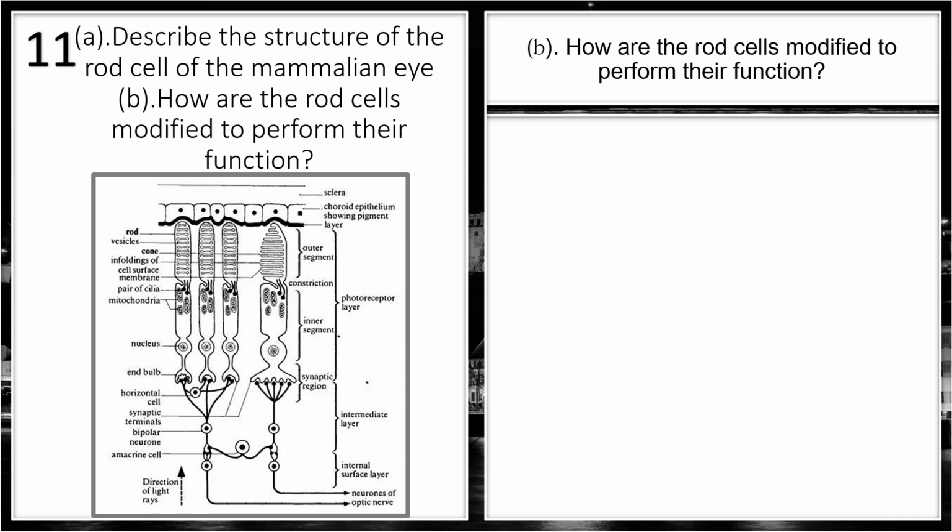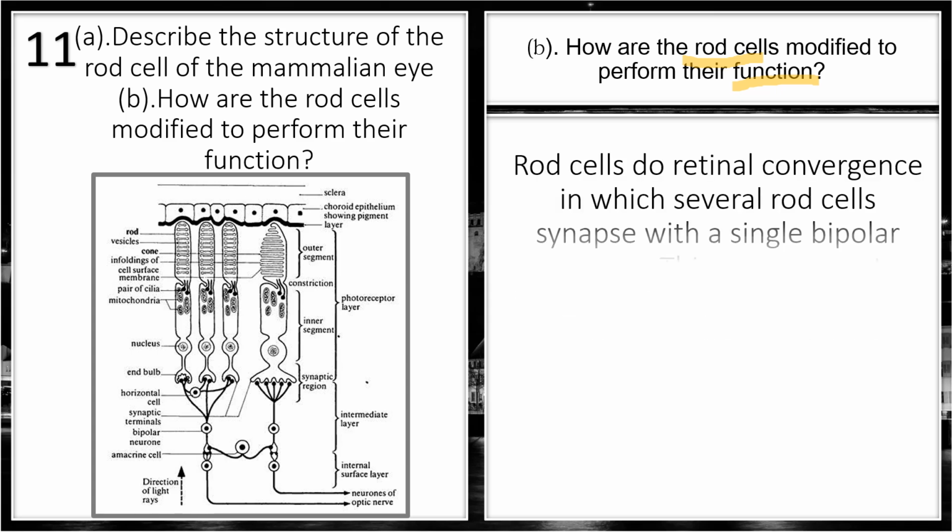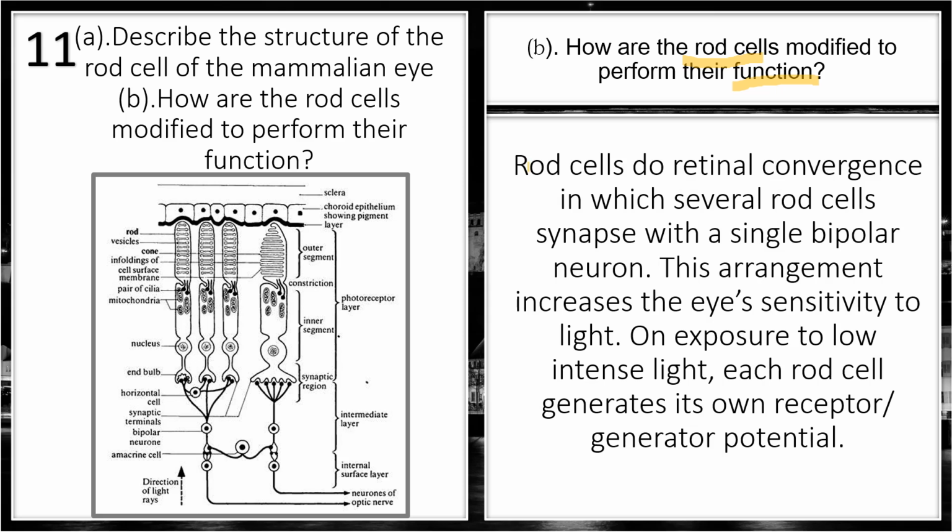Part B. How are rod cells modified to perform their function? The rod cells do retinal convergence, in which several rod cells synapse with a single bipolar neuron.